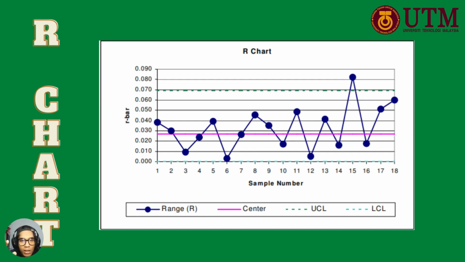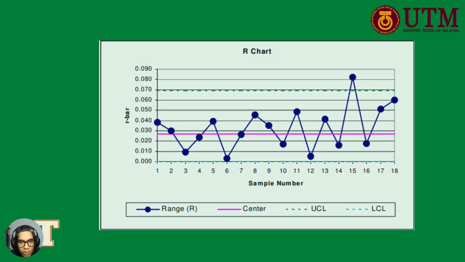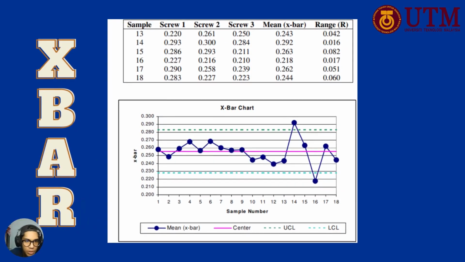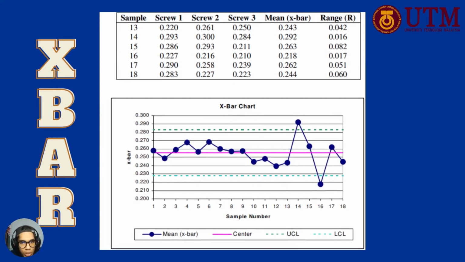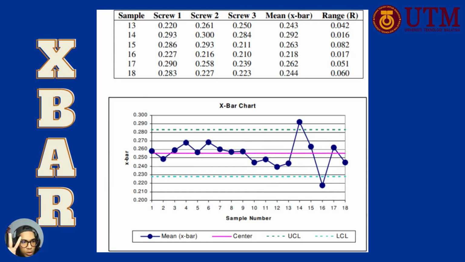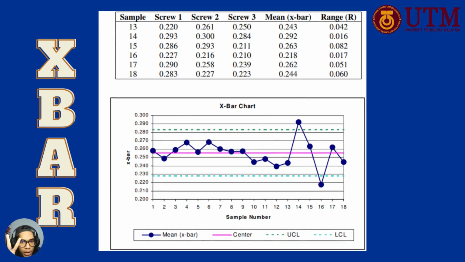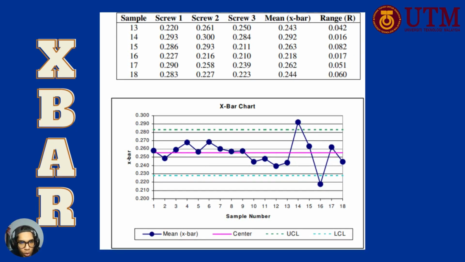As you can see, for this set of data, there's only one point that is out of control, which is above the upper control limit. Back to the previous slide, you can see there are only two points that are out of control, one on the 14th and one on the 16th. On the 14th it is above the UCL, and on the 16th below the LCL.